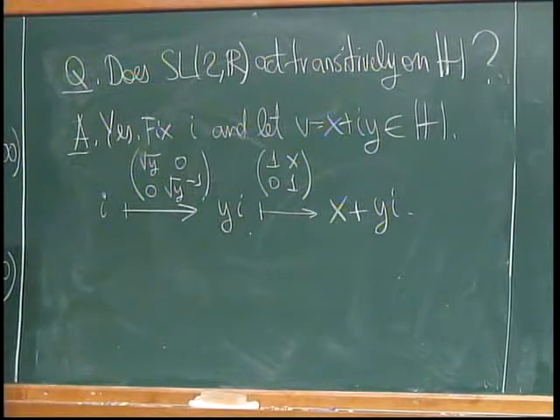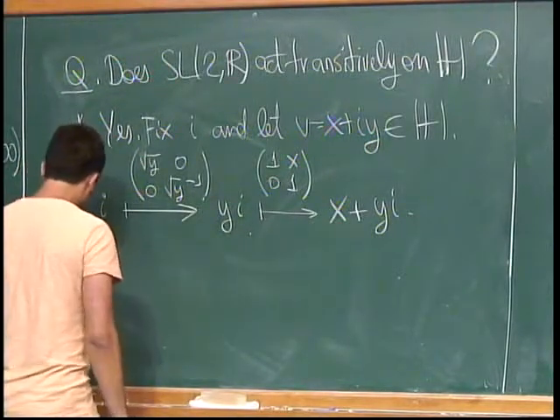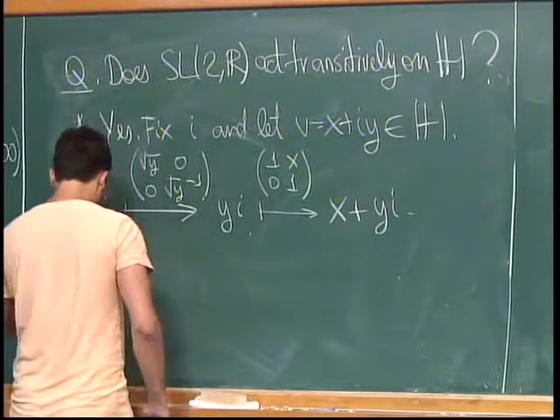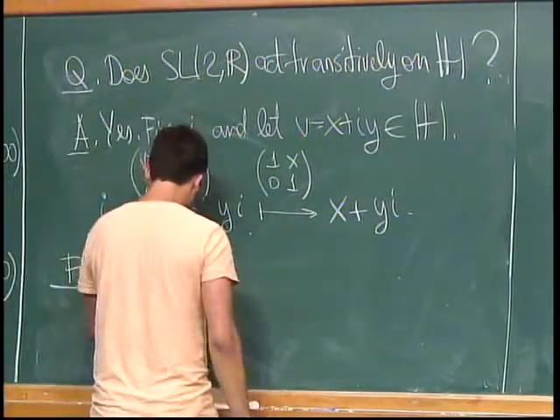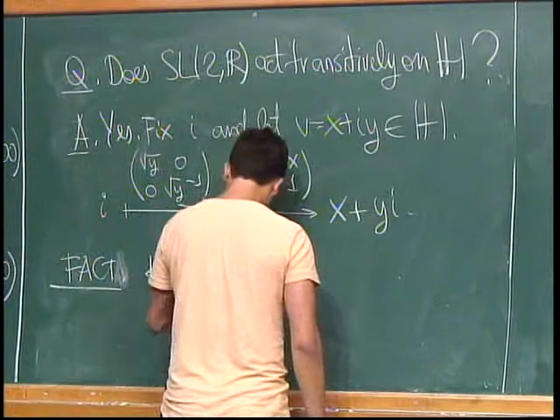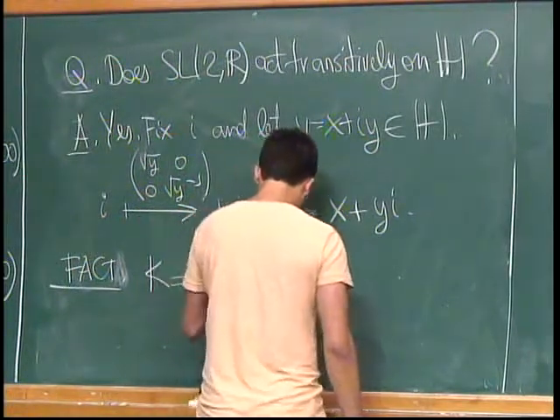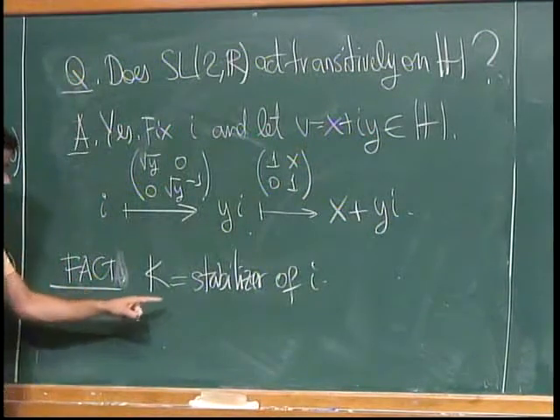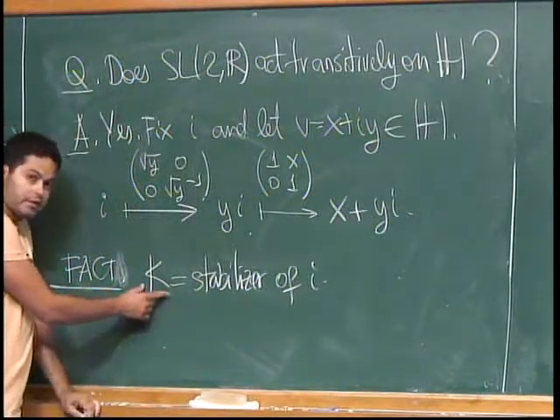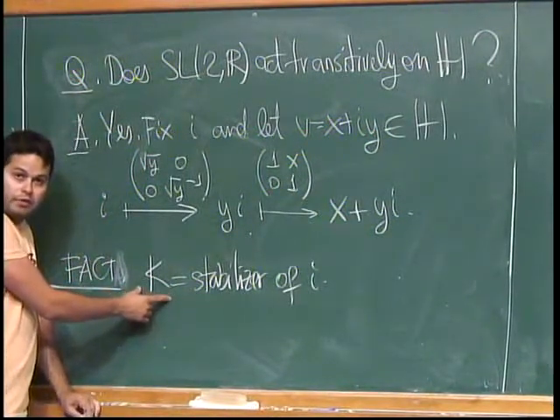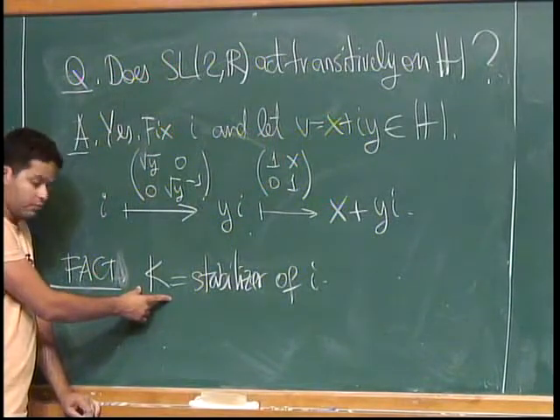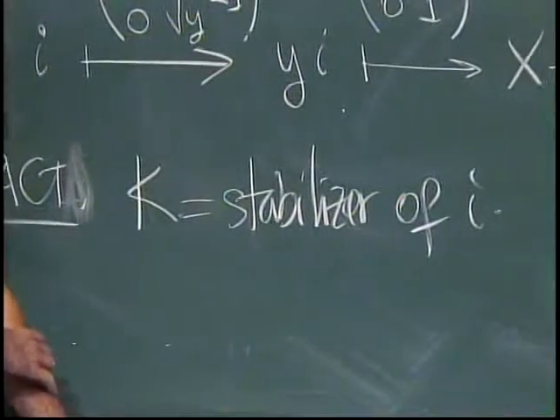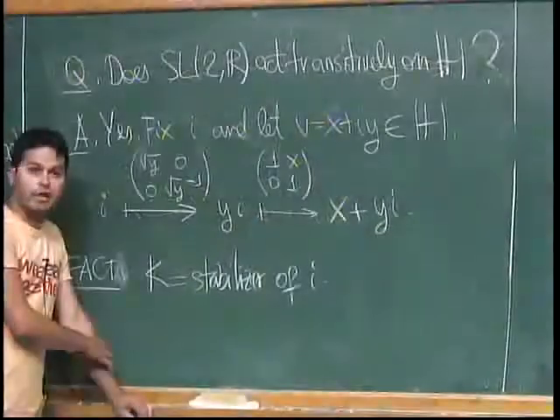For example, in fact, K is equal to the stabilizer of I. What do I mean by this? I mean that when I take matrices that belong to K and consider the Möbius transformation associated to them, all of these transformations fix I. And it's an easy task to check that.